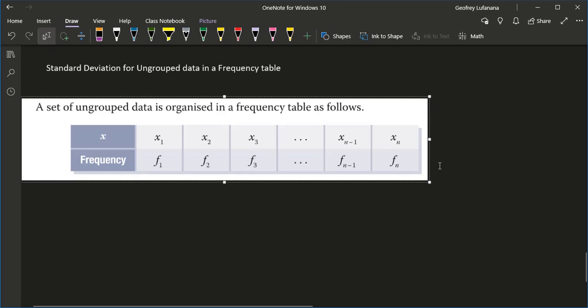So this would mean that the sum of all the items is going to be the addition of fx.